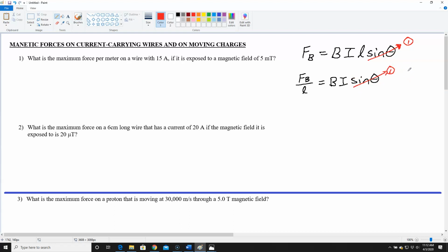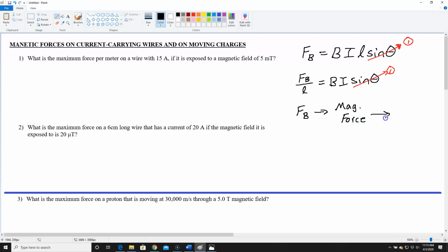The reason why we are often more concerned about force per meter is because if you have a wire that's many miles long, you're really only concerned about how to support that wire through various sections of it. To identify these variables, F with the subscript B, that is the magnetic force.